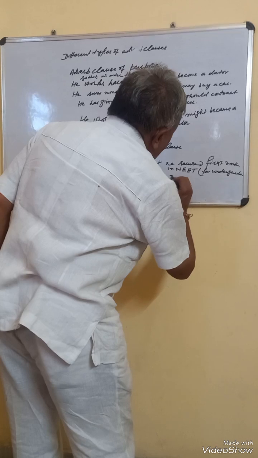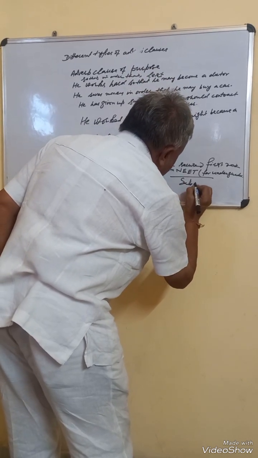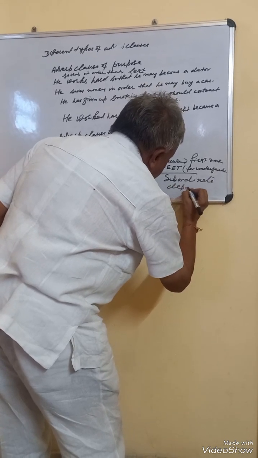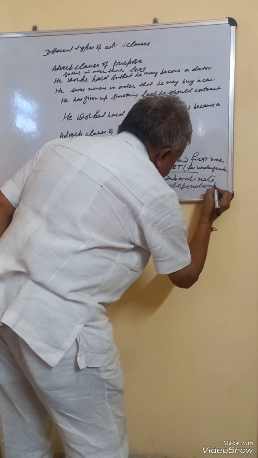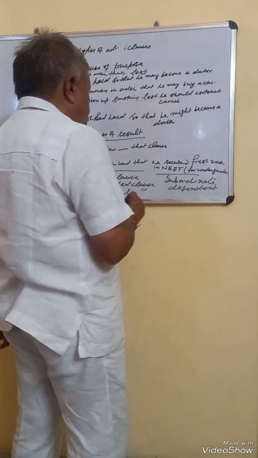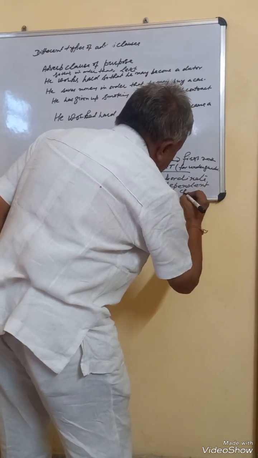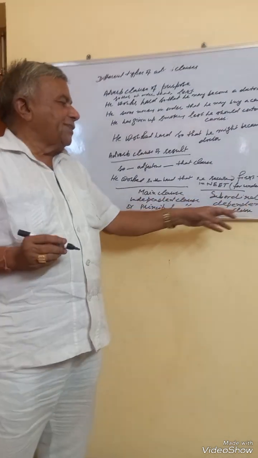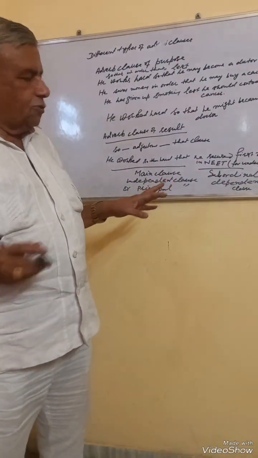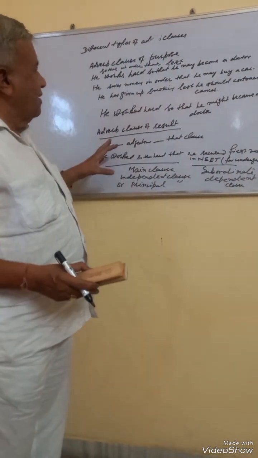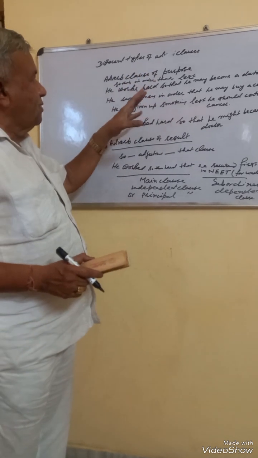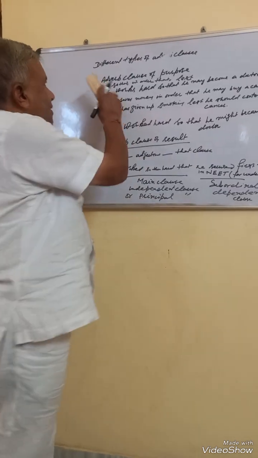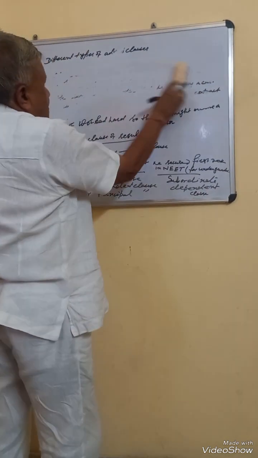And this subordinate clause is also called either subordinate clause or dependent clause. So in this way, we have explained these two types of adverb clauses, adverb clause of purpose and adverb clause of result. There is another important adverb clause, the adverb clause of contrast.